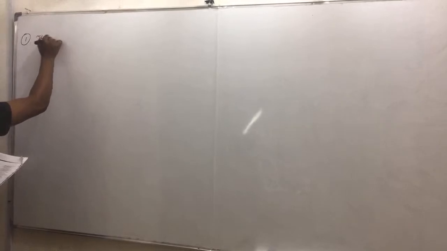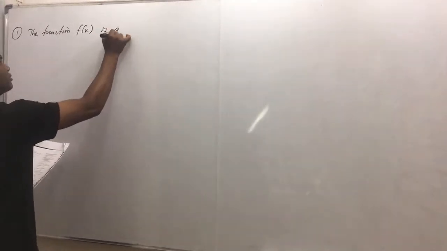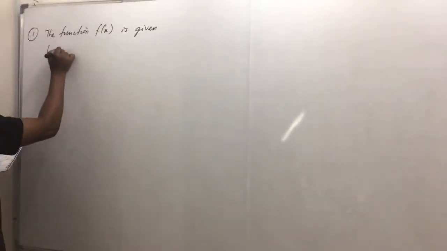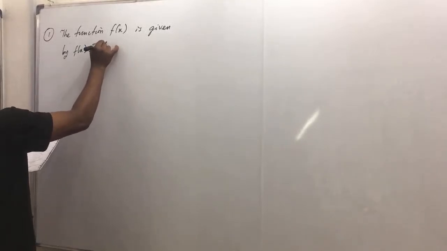Now let's begin. So I'm going to start with problem number one. And in problem number one, we shall be looking at this problem. So problem number one says the function f of x is given by f of x equals 2x raised to power 3.